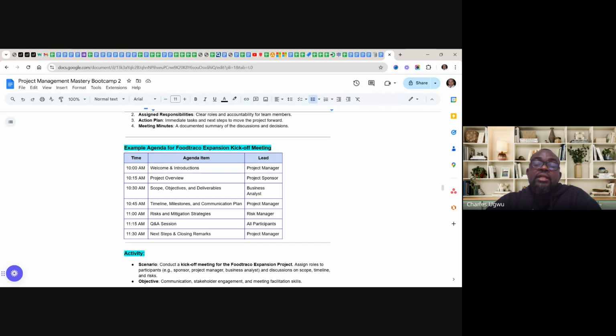And you, business analyst, once the project sponsor has finished with the project overview, please handle the scope, objectives, and deliverables. Business analysts are more technical about requirements. That doesn't mean that a project manager cannot do all those things. A project manager can handle everything, but if you want to share, good and fine.